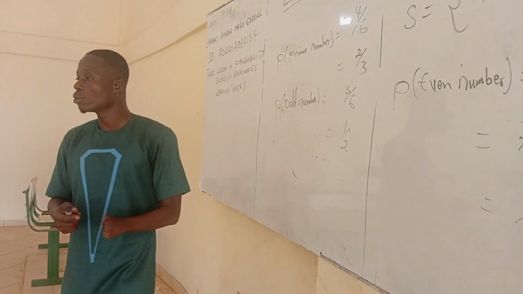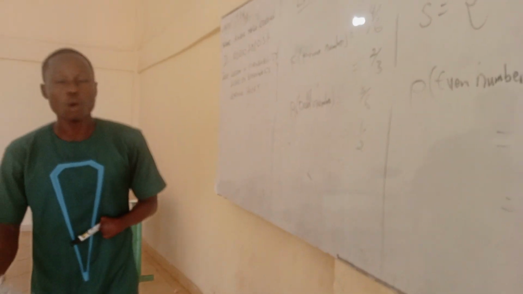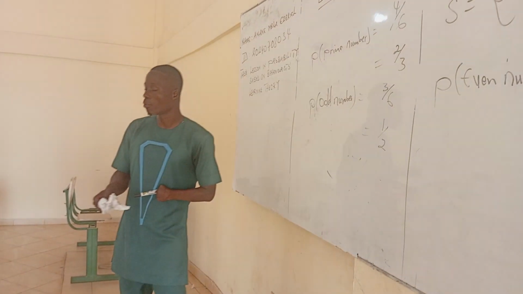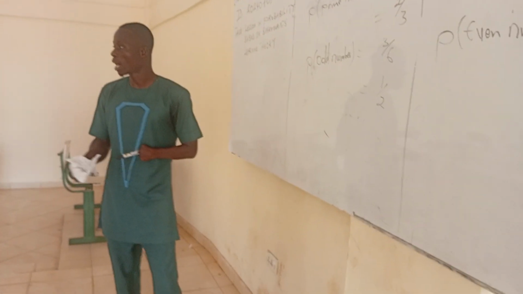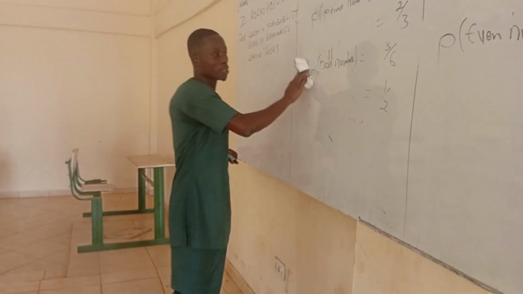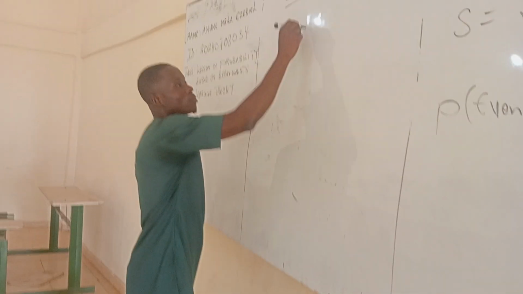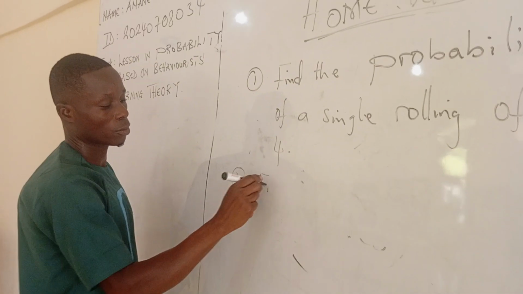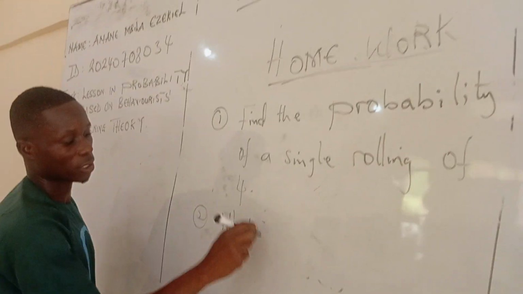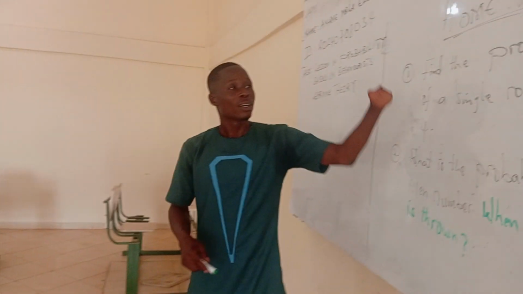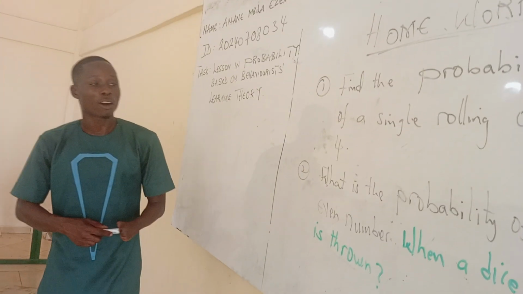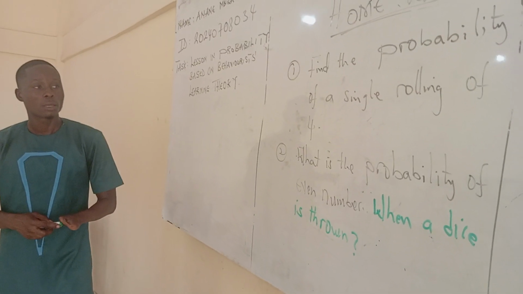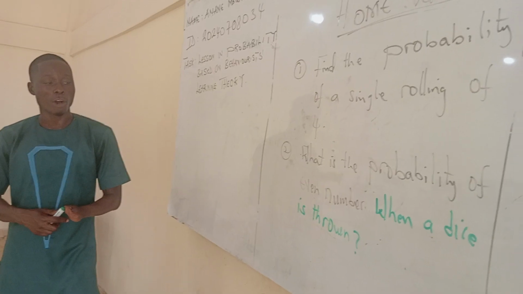I'm going to give you some homework so that when you go home, you can have a feel of it, and when you do the homework, I will mark it and you have your scripts. Homework: you are finding the probability of a single rolling of 4.